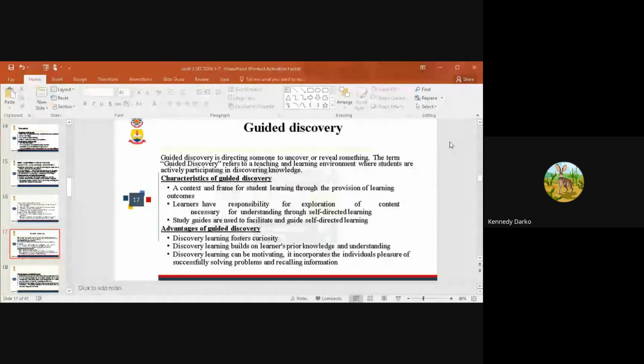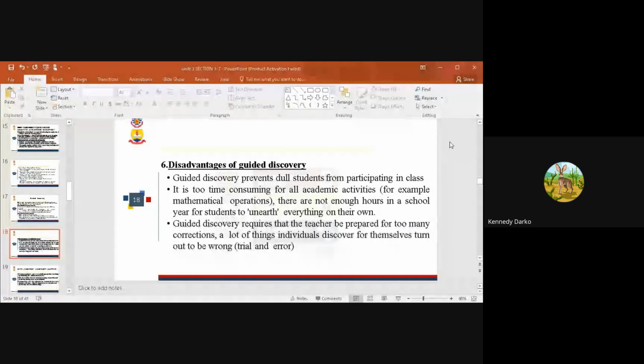It incorporates the individual pleasure of successfully solving problems and recalling information. And so once they are able to discover the thing by themselves, it motivates them to look for knowledge by themselves, even when the teacher is not there. Disadvantages of guided discovery.